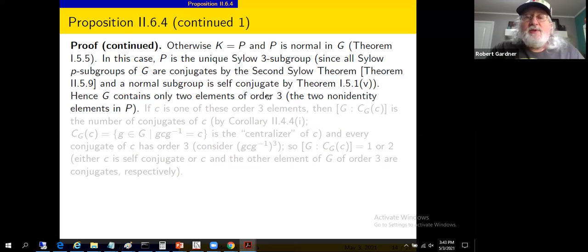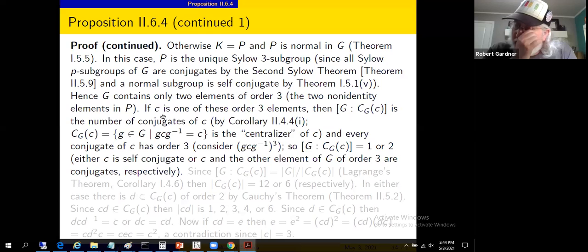So there's those two elements of order 3. There can't be any other elements of order 3. If there was another element of order 3, it'd generate another subgroup of order 3. That would be a different Sylow P subgroup, but there's only one Sylow 3 subgroup. So the argument goes, exactly two elements of order 3 in group G.